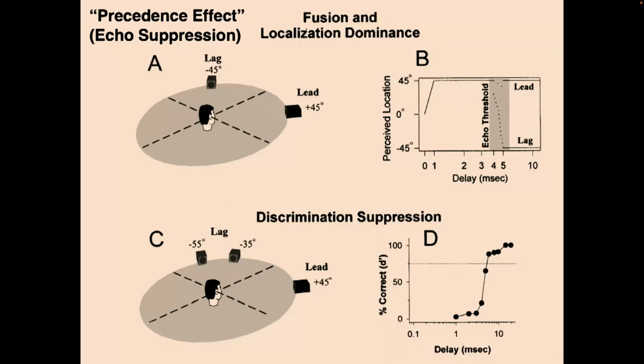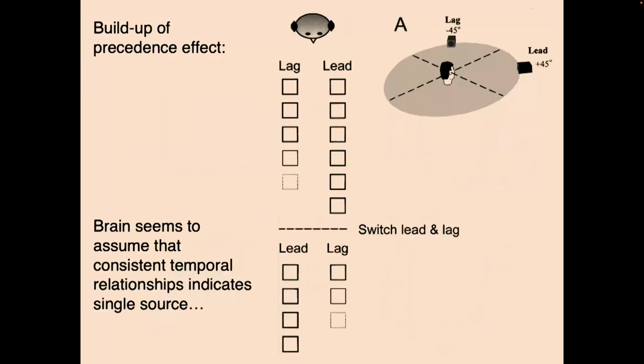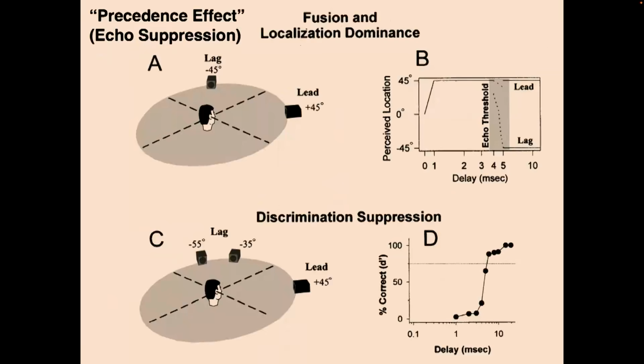The precedence effect has some other interesting properties. One is that it exhibits a phenomenon called build-up. You can be in a regime where the delay between the clicks is above your threshold, but if the clicks are presented repeatedly in the same spatial configuration, what happens over time is the precedence effect builds up, even in settings where you initially didn't hear it.